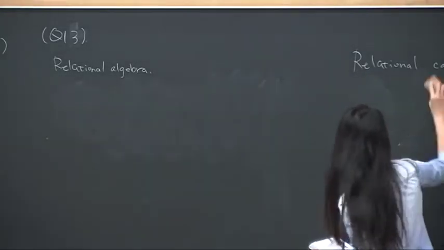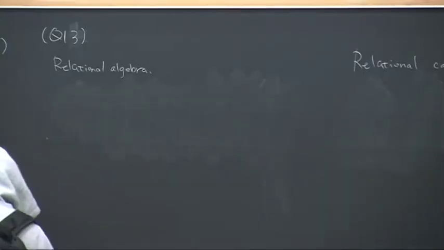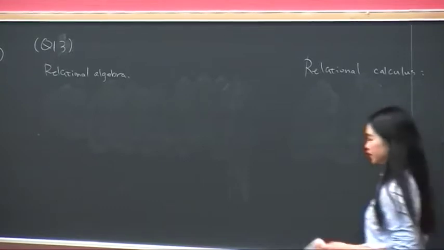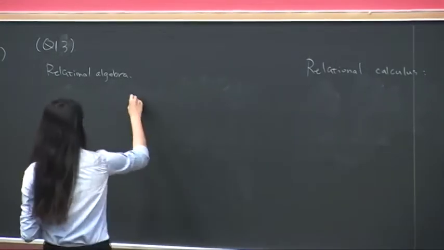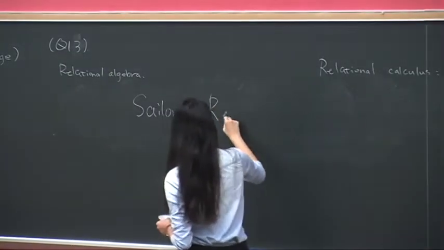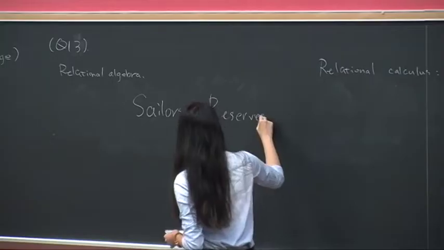How many relations will we need? Two. Which two? Sailors and Reserves. Yeah. Why do we need both? Because the bid is already in Reserves. Okay. So what should we do for Sailors and Reserves? We join them. Right.